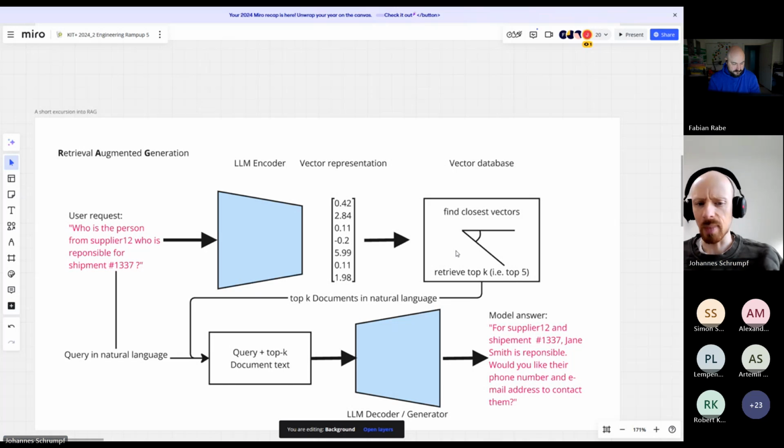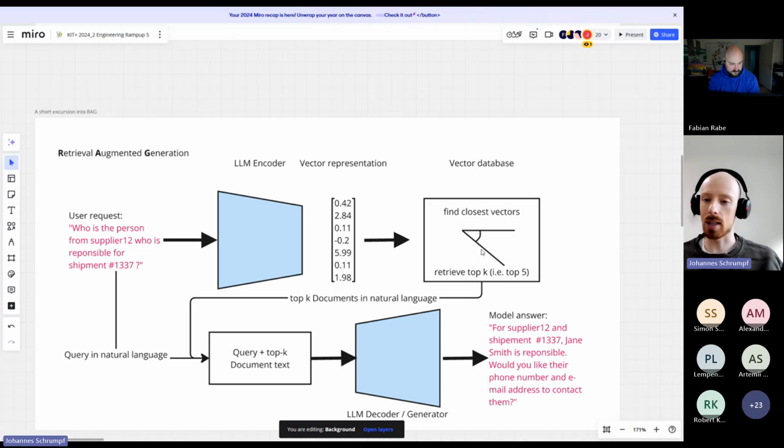And why do we do this? Why don't we stay in this nice mathematical space of vectors? Well, because we want to use all the documents, or parts of the documents, that we found now to pass this to our next large language model.